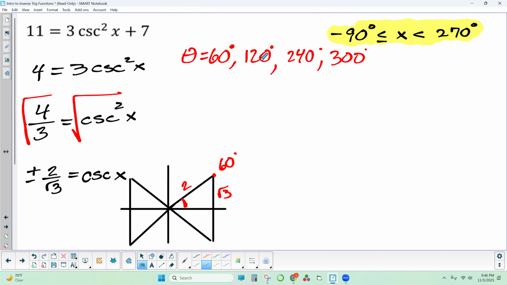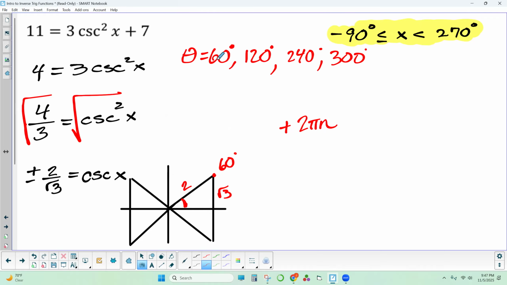Okay, 60, 120, 240, 300, one rotation. But we're looking from negative 90 to 270. Okay, so remember, cosecant's period is 2 pi. So if we look at adding 2 pi n, that's adding a rotation, but if n is negative, that would be subtracting a rotation.